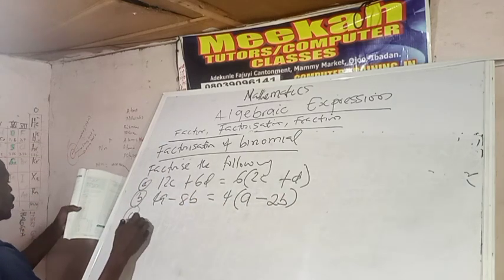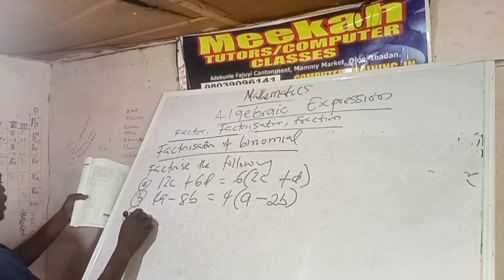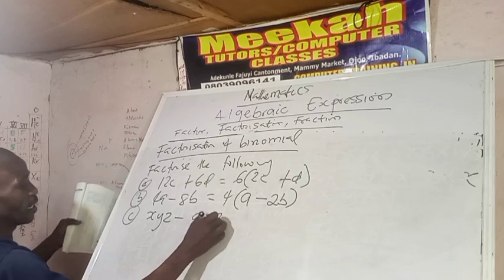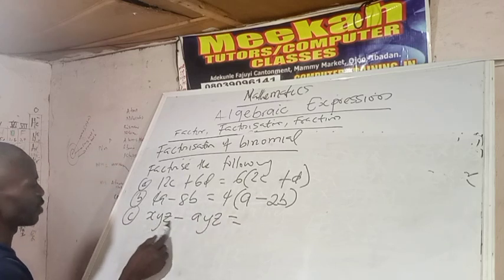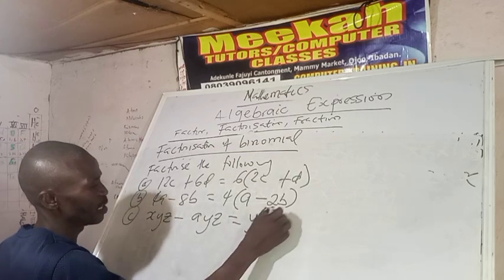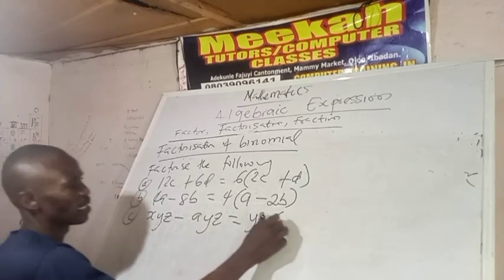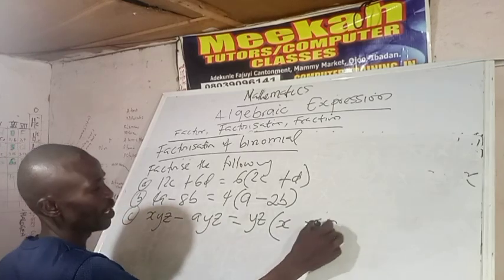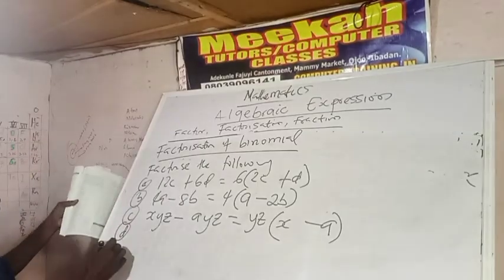Now, we also have another one. Let's see. What if you have xyz minus ayz? Now, what you need to do? What do you have here and you have here that common? You have yz here. So if I were you, I'll write yz into bracket. What remain? When yz cut out here, what remain? X. I put it here minus yz. When yz cut out here, what do you have? A. I have factorized this one. And also, let's see another one.